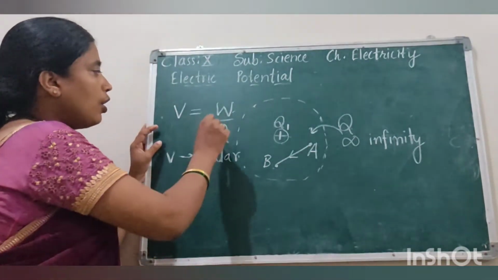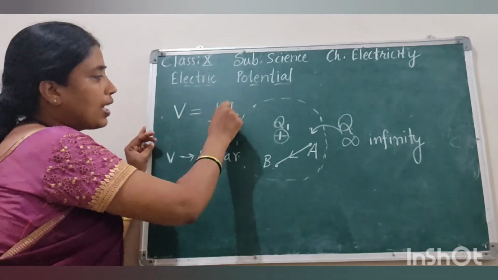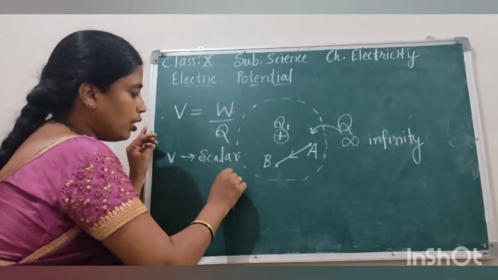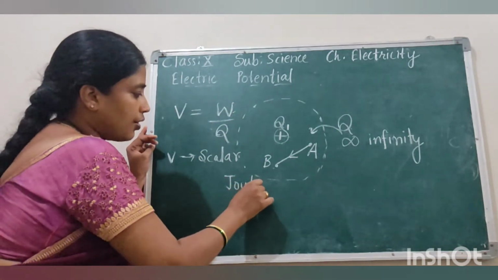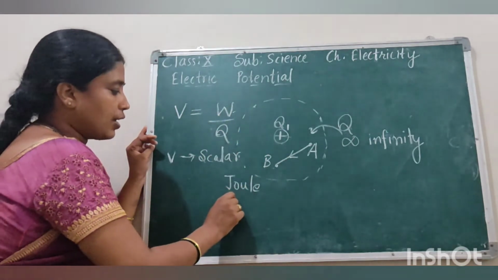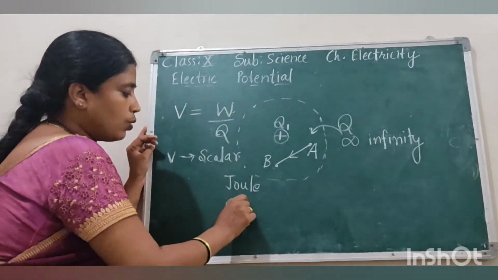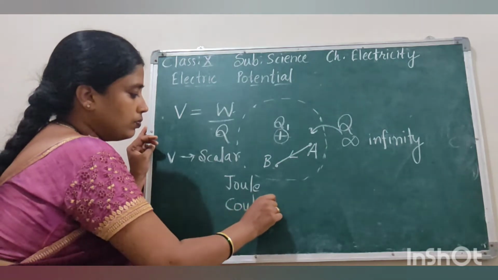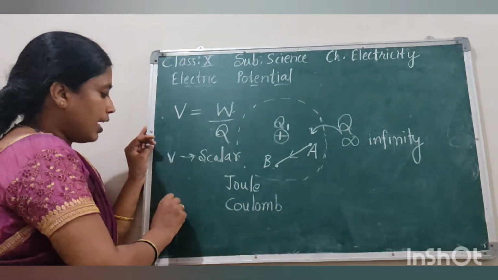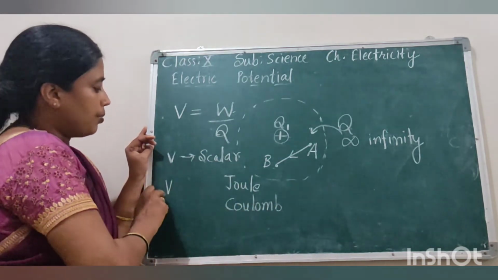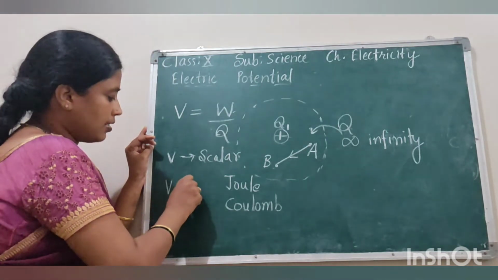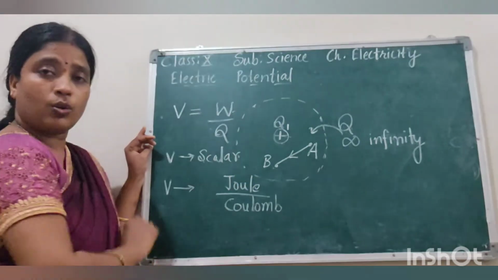Now the SI unit of work is joule and the SI unit of charge is coulomb. So the SI unit of potential difference is joule per coulomb.